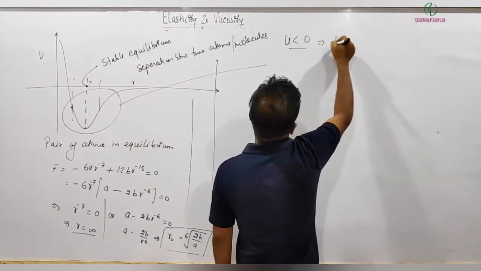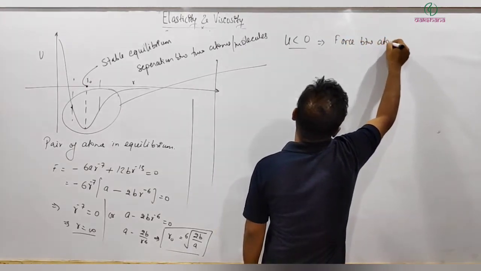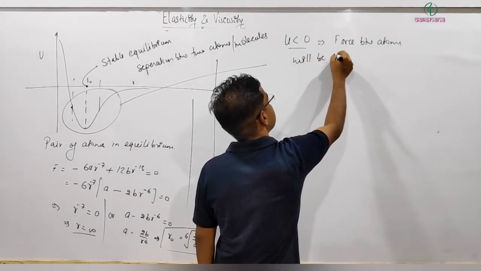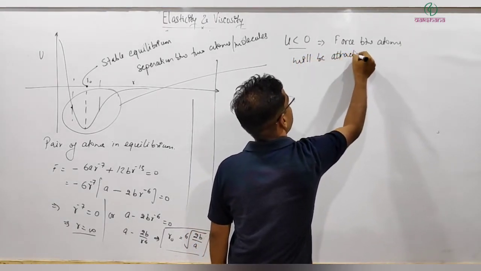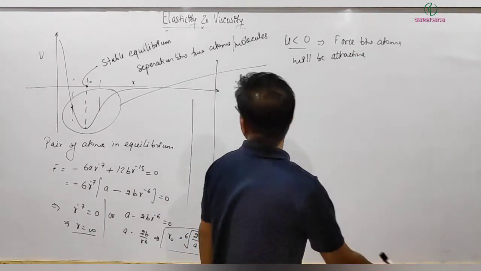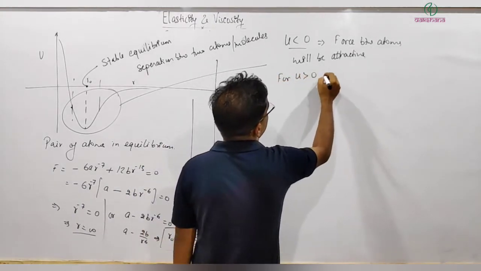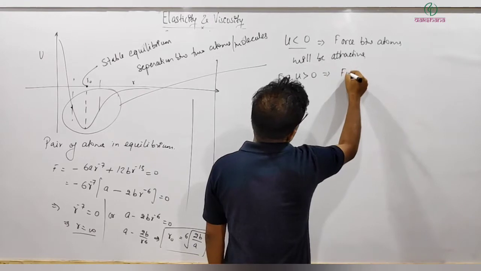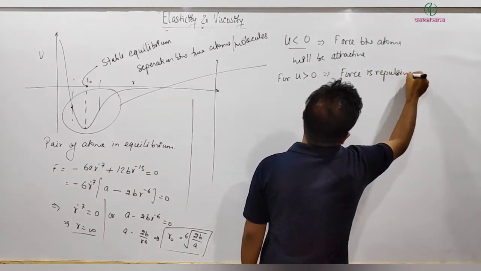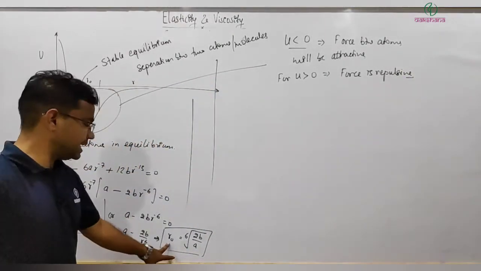This implies force between atoms will be attractive. And for U greater than 0, we can write force is repulsive. Clear? Okay, but equilibrium position is this.